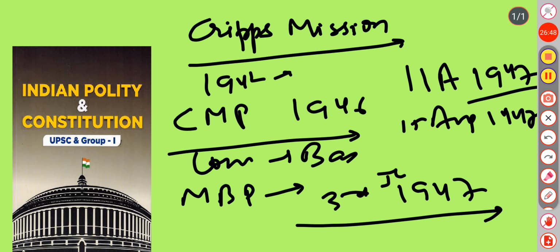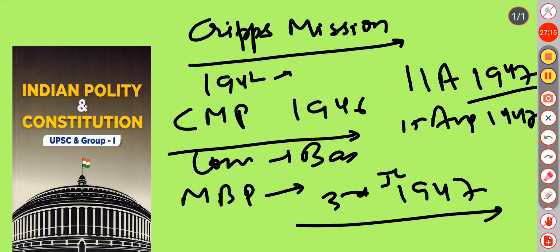Now the central legislature of India, composed of the Legislative Assembly and the Council of State, ceased to exist on August 14, 1947. The Constituent Assembly itself was to function also as the central legislature with complete sovereignty.